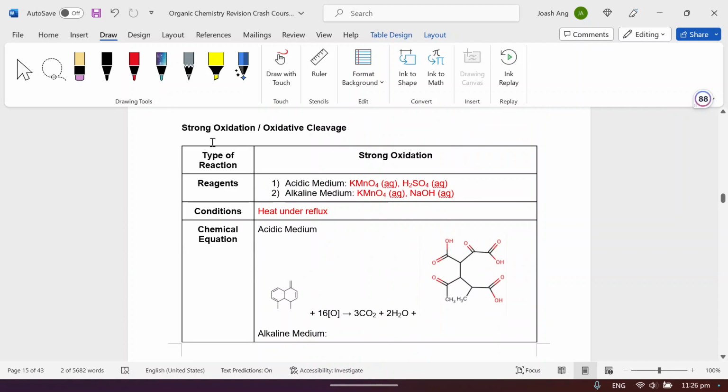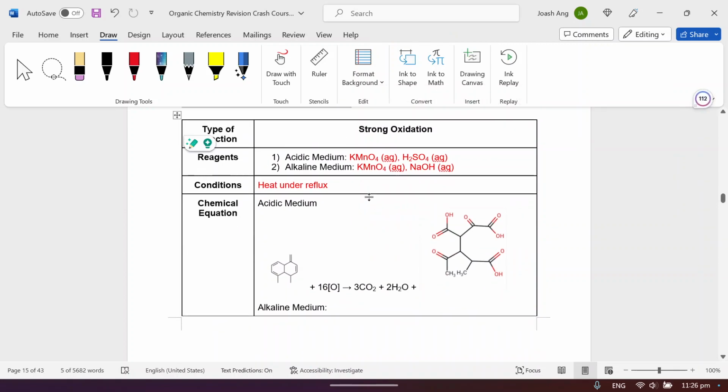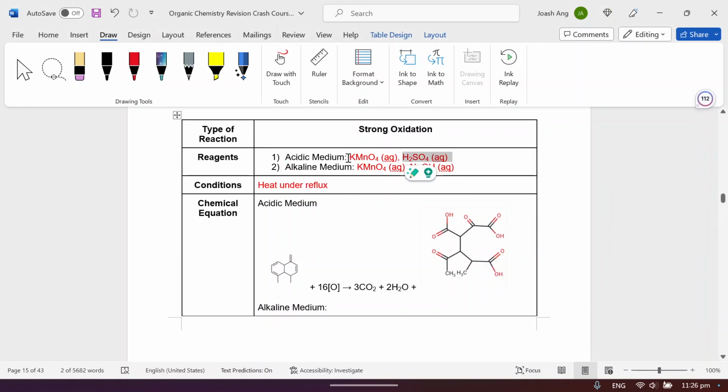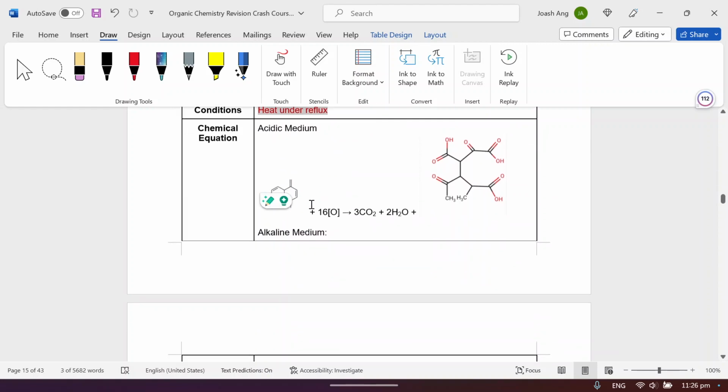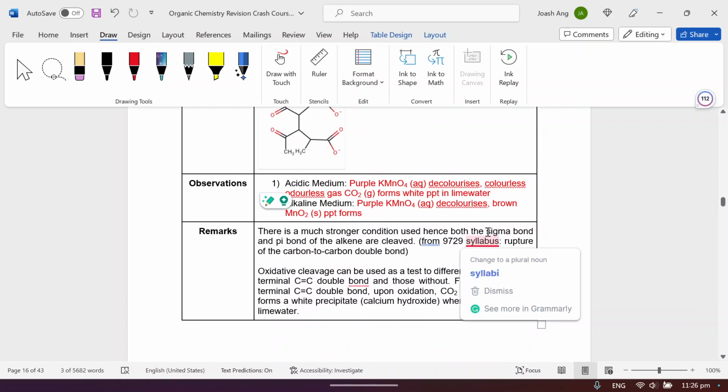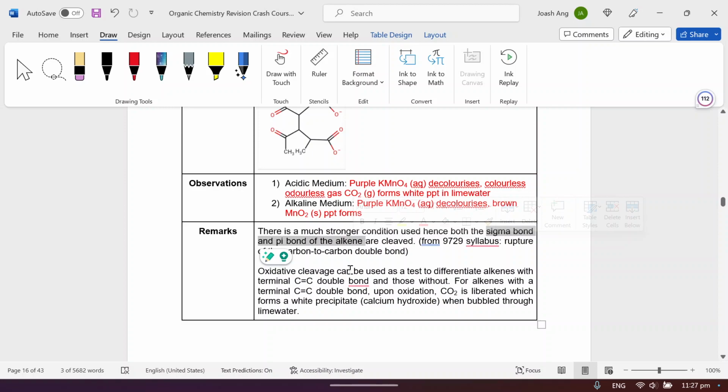Last but not least, we have strong oxidation or oxidative cleavage. In this case, we have the same reagent, but it's heat under reflux, so that you can fully break both the sigma bond and the pi bond of the alkene.